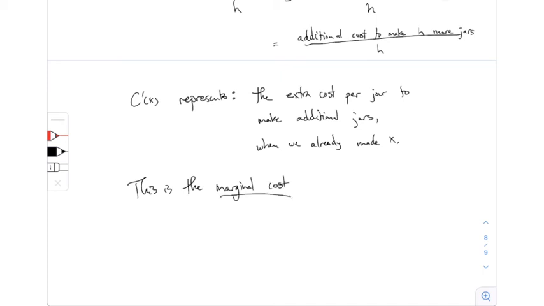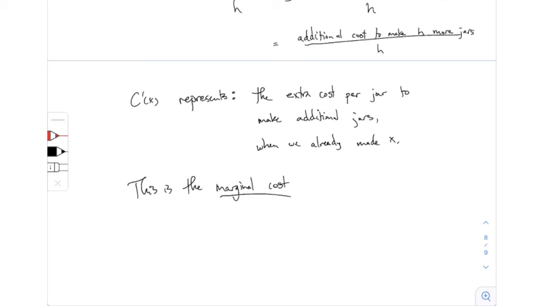It means if I'm already making a certain amount, how much will it cost me to make just a little bit more? In this case of jars, it would mean like 1 jar more. Or in other cases, it might mean just a little bit more, all right? And this actually is extremely useful in a real business. If you imagine a business which already exists, it is always trying to decide how much of this stuff should I be making, because they want to create enough supply to meet the demand.